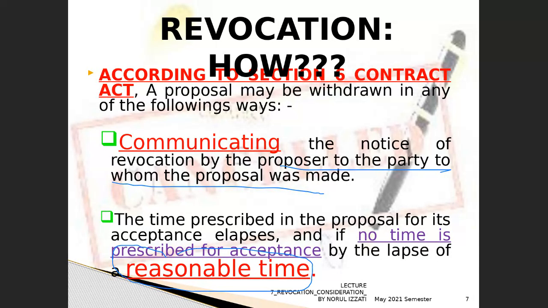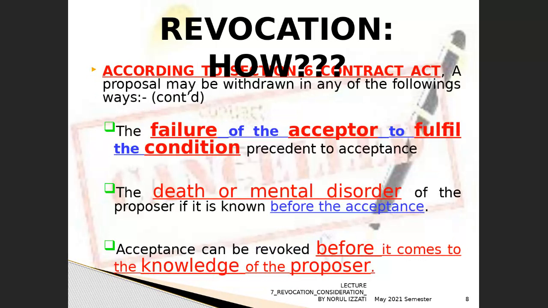Okay, number 3, the offerer is allowed to carry out the revocation if the acceptor fails to fulfill the condition precedent to the acceptance. That means, I am using the same example. A is the offerer, B is the offeree. The offeree is supposed to fulfill the requirement as stated by the offerer.